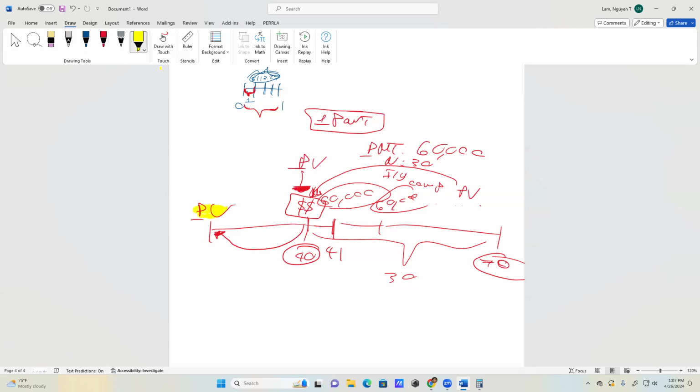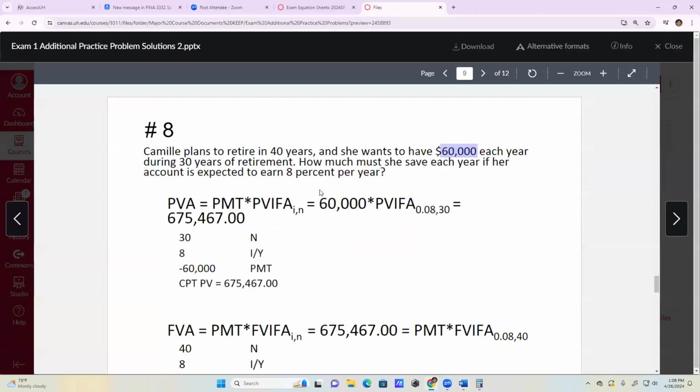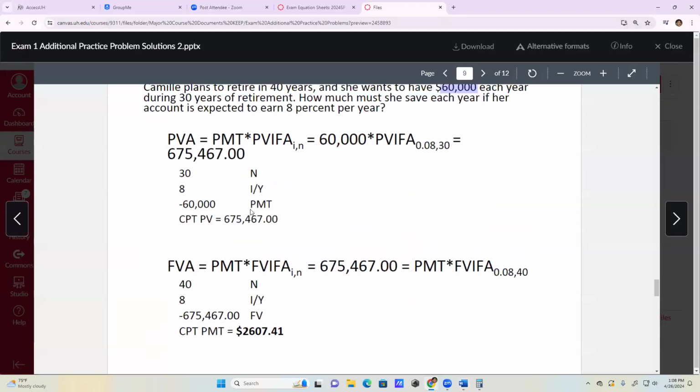However, if you want to find the final present value, in the second part of solving it, you change that into future value. The present value of part one will become the future value of part two, and then you try to find the present value of it. So look at this solution right here.